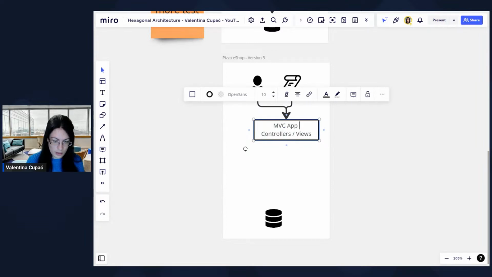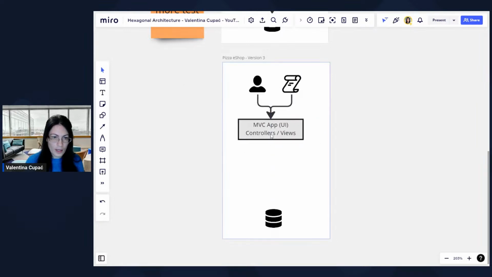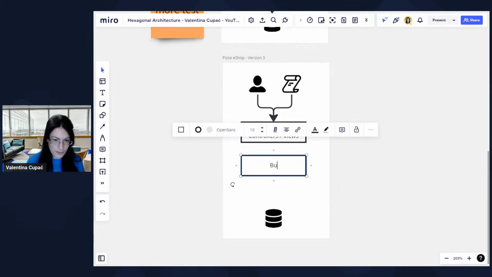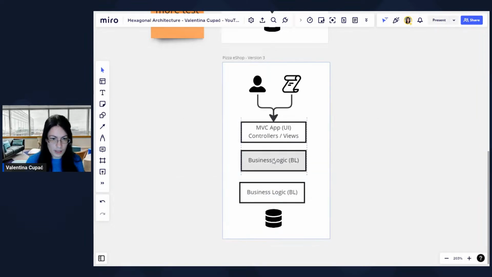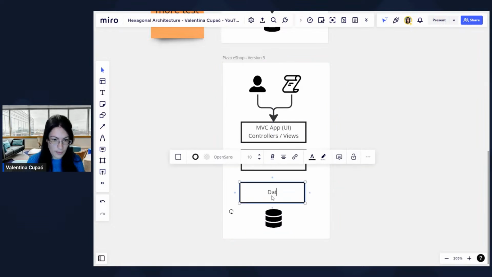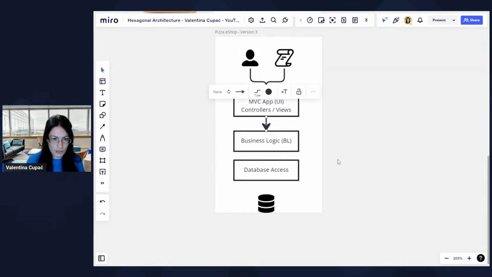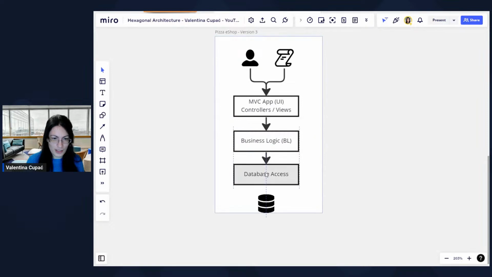Let me just fix the spelling. So the UI. And below we have the business logic. And we have the database access. And this is probably the most common architecture that many development teams are currently using around the world right now.